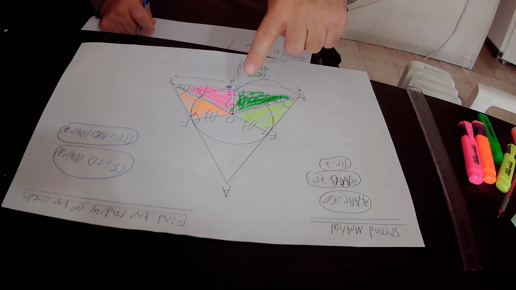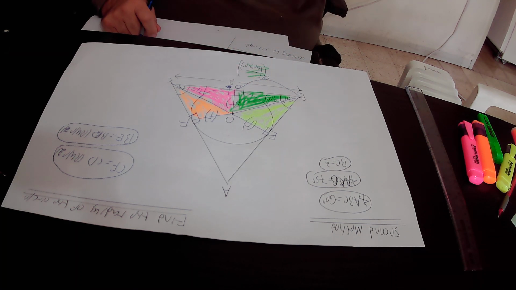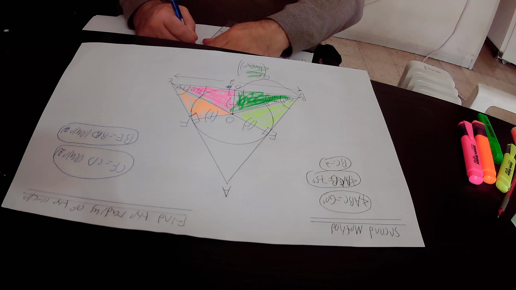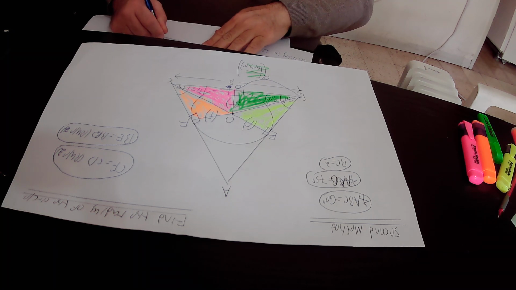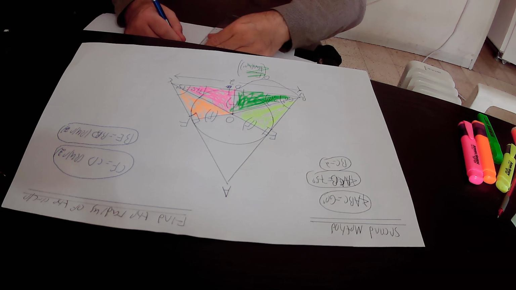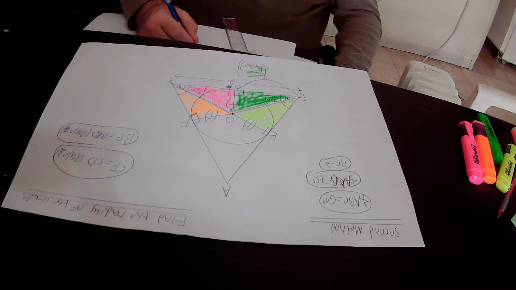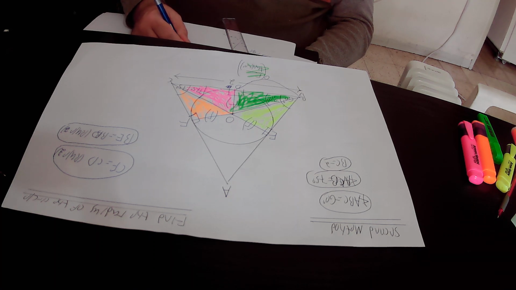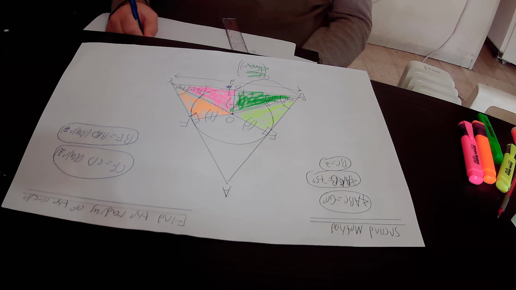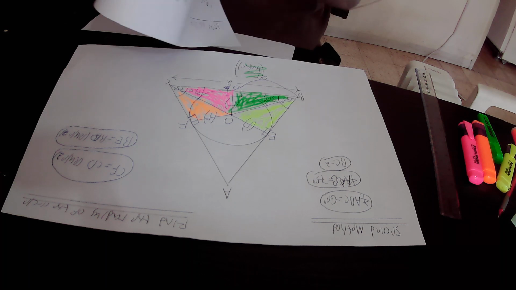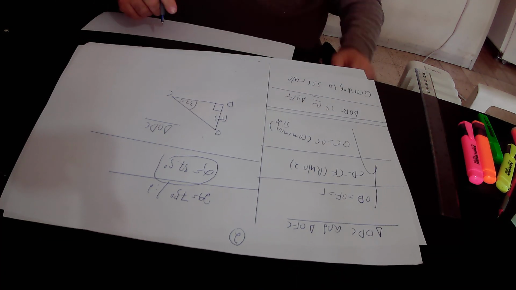The next step, I'll copy the pink triangle ODC onto a new page and we'll analyze it. So this is the pink triangle ODC that I copied from the original drawing.